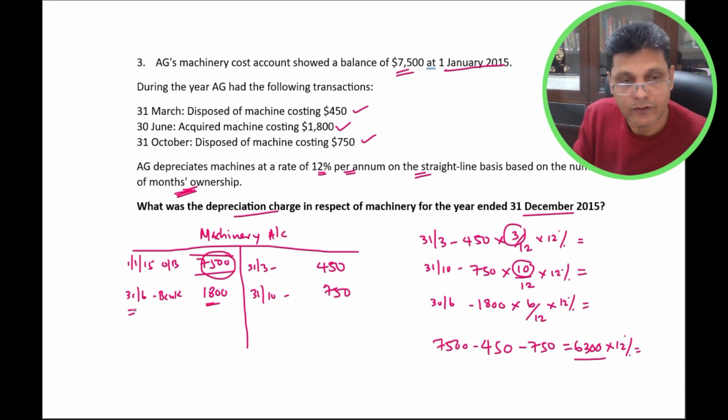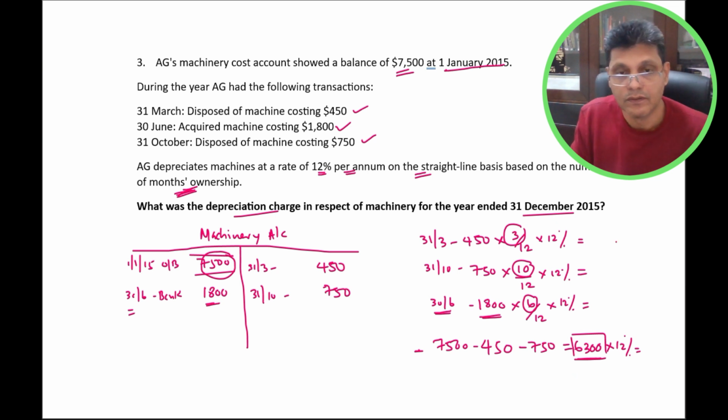And in addition to that, on 30th June they bought a new asset worth 1,800. So therefore the remaining period will be depreciated. So therefore only for 6 months we need to depreciate. Then the remaining asset value, which is 6,300, has to be depreciated for 12 months period, because this was held throughout the period.